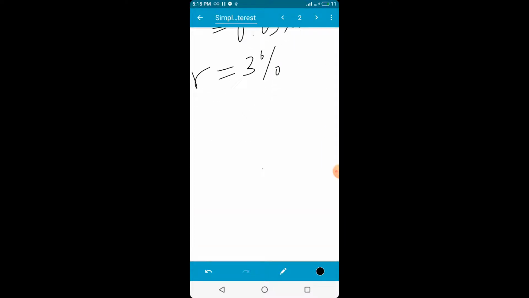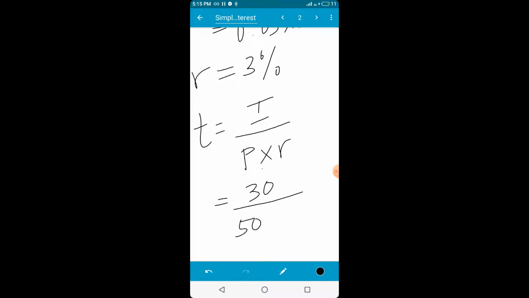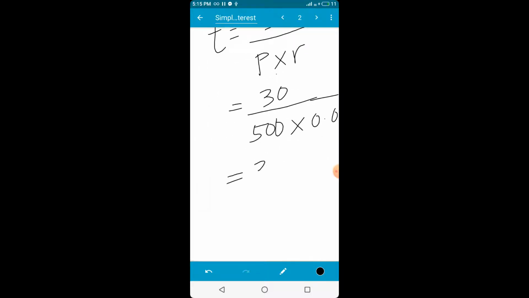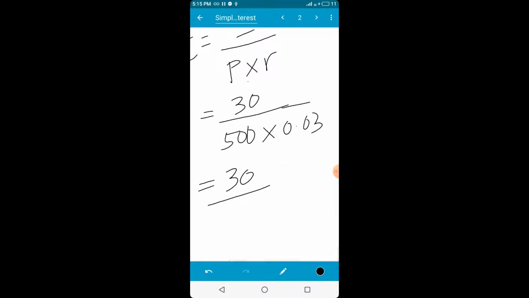Now, what if ang hanapin natin is yung time? So, the formula for that is interest over the product of principal and the rate. So, yung interest amount is 30. And then, the principal is 500 times yung rate na 3%. Okay? So, let's solve. So, 30 over 500 times 0.03.